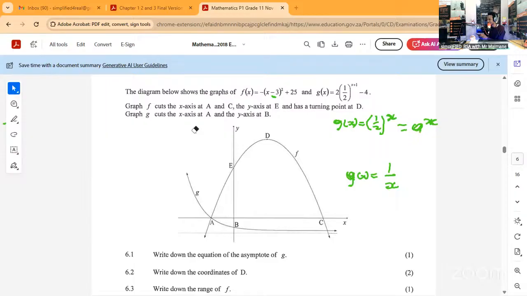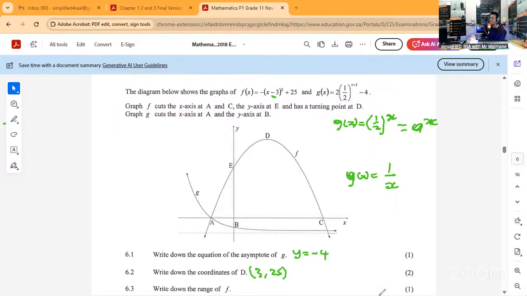Anyone who wants to give it a try, given that we are allowed to be wrong? y is equal to -4, because clearly you can see it has moved 4 units down. y equals -4. Write down the coordinates of D. The coordinates of D are 3 and 25.